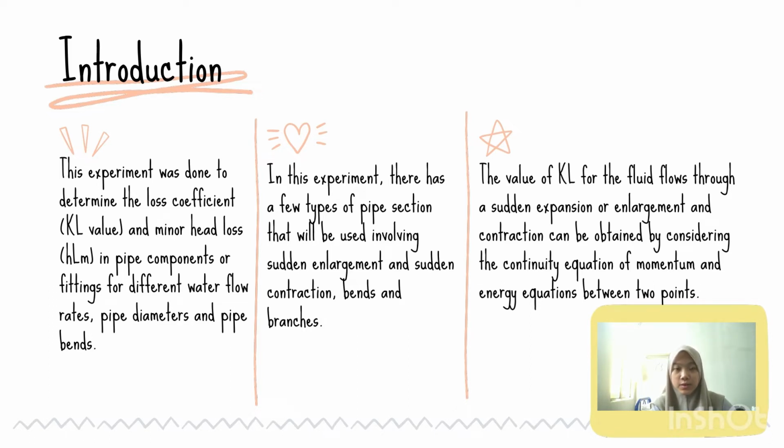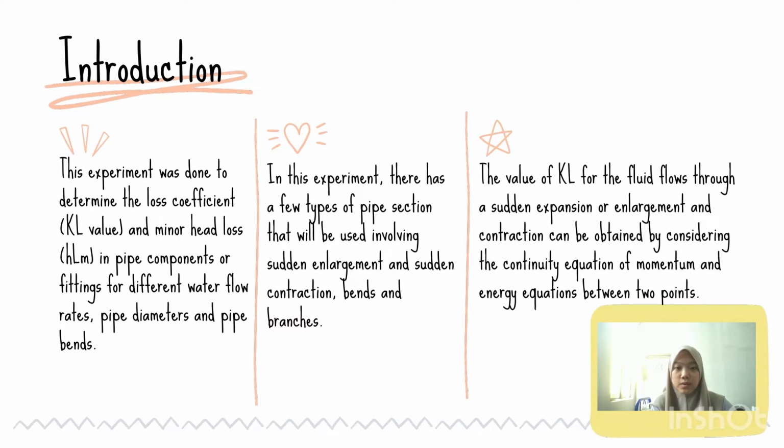So this experiment was done to determine the loss coefficient, which is KL, and minor head loss, HLM, in pipe components or fittings for different water flow rates, pipe diameters, and also different pipe bends.